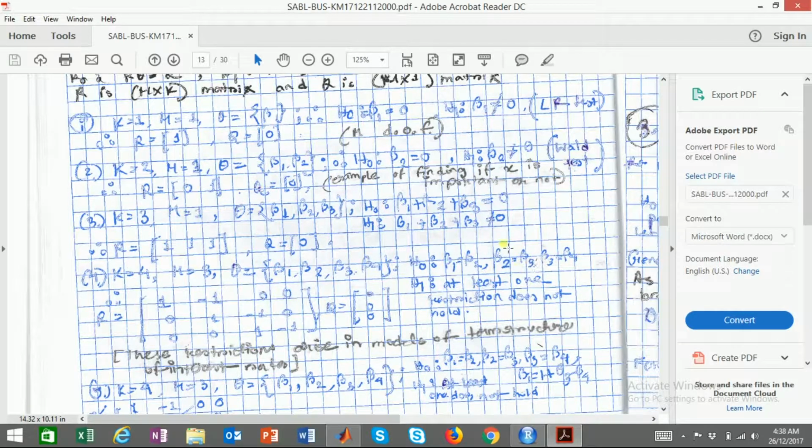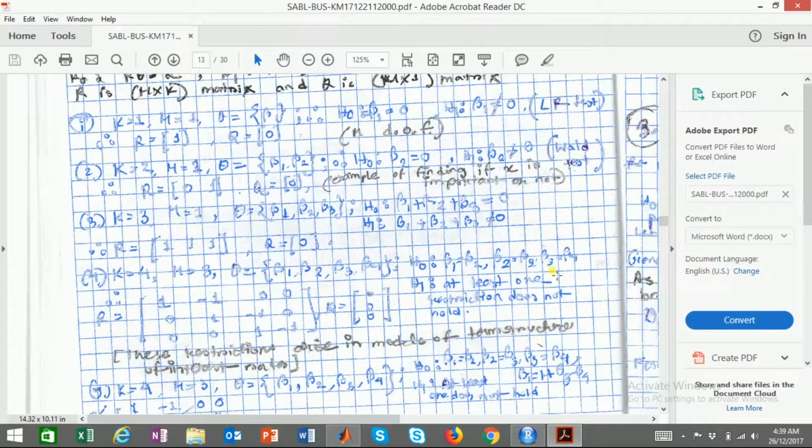Then the second linear hypothesis, where beta 2 minus beta 3 equals 0. For beta 1, because we're not testing it, we'll put 0, against beta 2 we'll put 1, and because it is beta 2 minus beta 3 equals 0, the sign of beta 3 is minus. Then against beta 4 is 0.